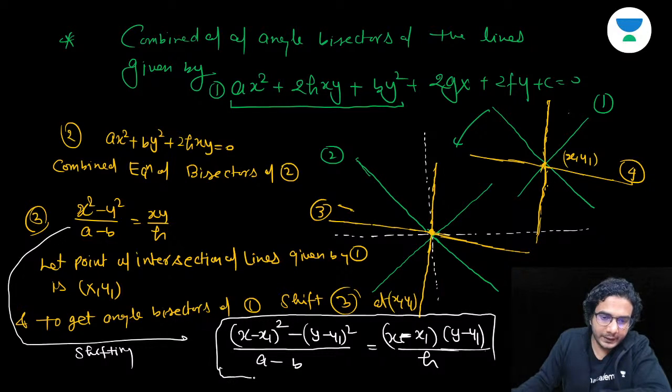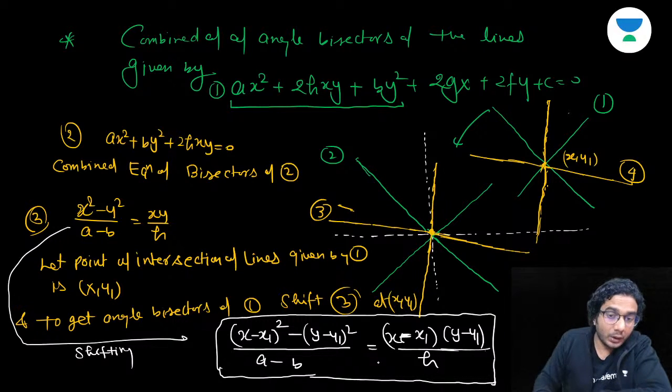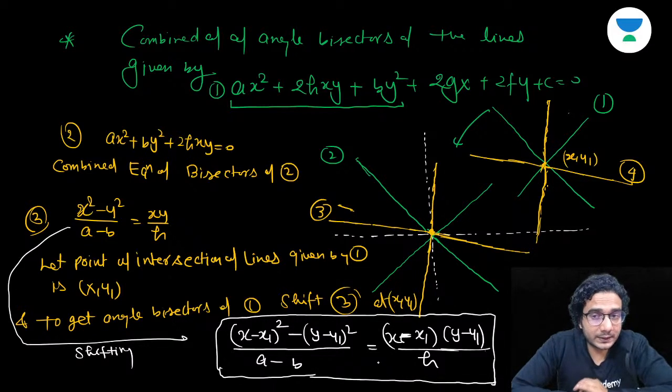Whatever we did in 2-degree homogeneous equations, we are using all those things. The only thing we needed to understand is how we got this general equation, by shifting the 2-degree homogeneous equation. If we understood that relation, then we can relate all these things easily.